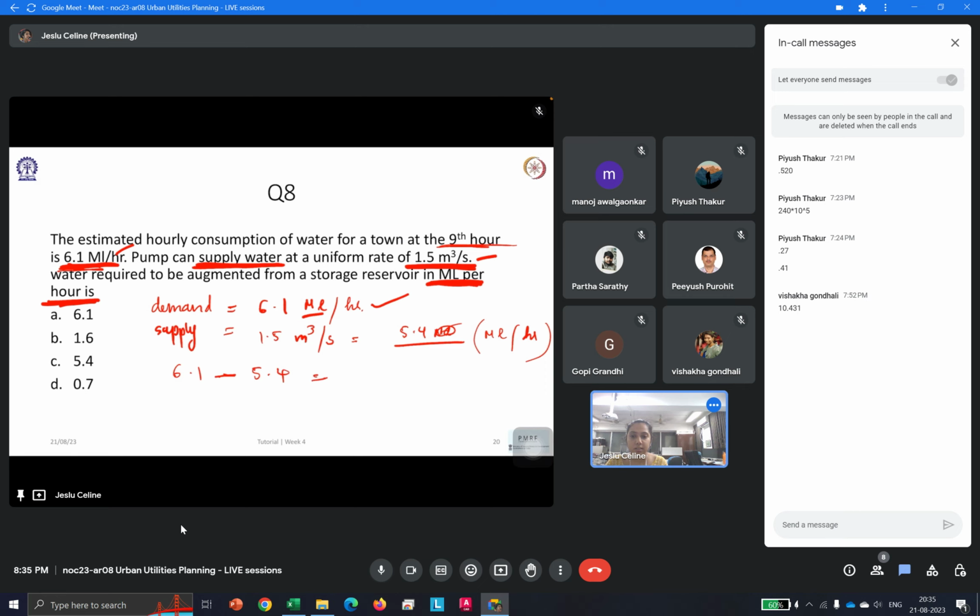That is 0.7 million liters per hour, which is there in our option D. This is a very simple question, but the only catch is that if you don't convert the units, then we can go wrong. I think this was there in one of the GATE papers before. It's not there in the previous assignment, but in one of the GATE papers it was there, so that's why we included this.